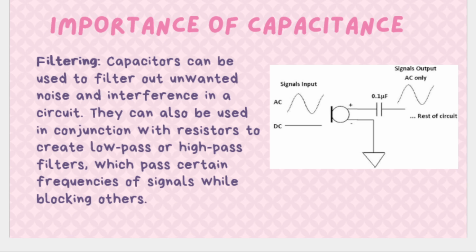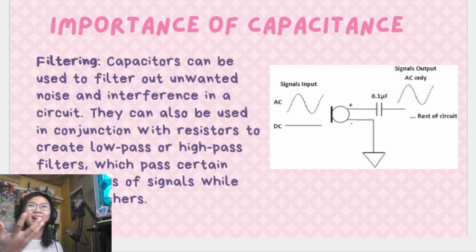So AC actually comes from the electricity from the power company. When you plug your appliance into your electric sockets, that electrical energy from your socket, which also comes from the power company, is what we call AC, an alternating current.